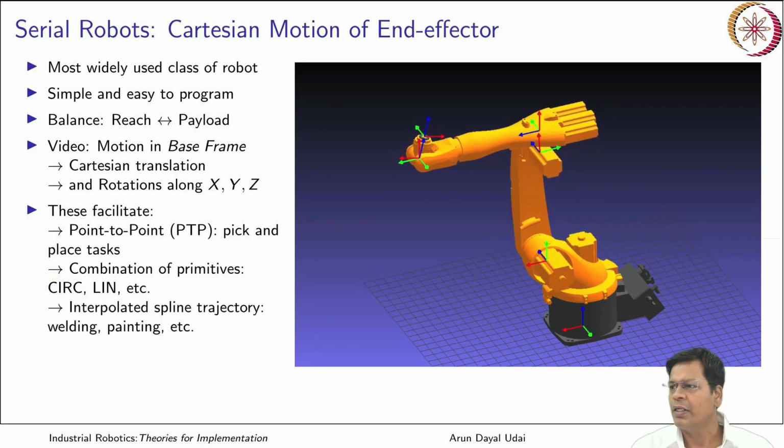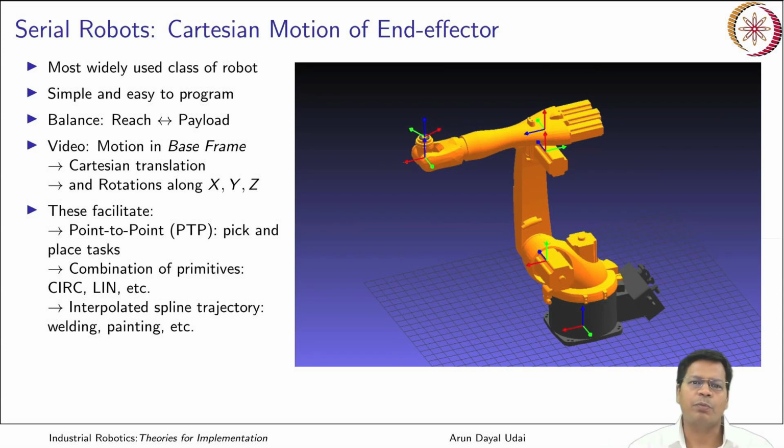Okay, and it can also do interpolated spline trajectories, which are mostly common when we do a painting job, a welding job, a gluing task or laser cutting. You have already seen various such kinds of motion where you require a robot to move in a free form shape in space. So that can be programmed.